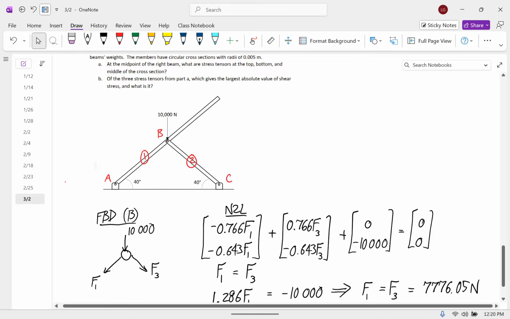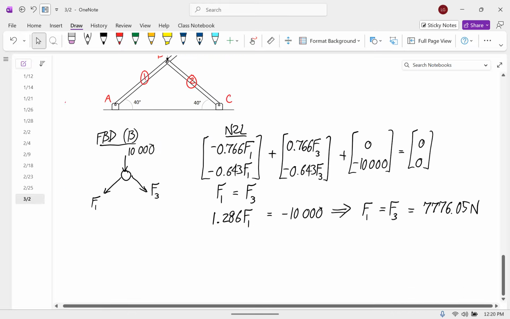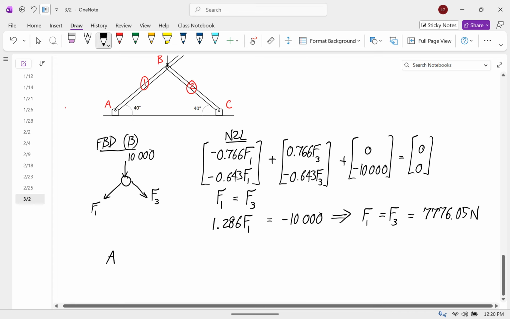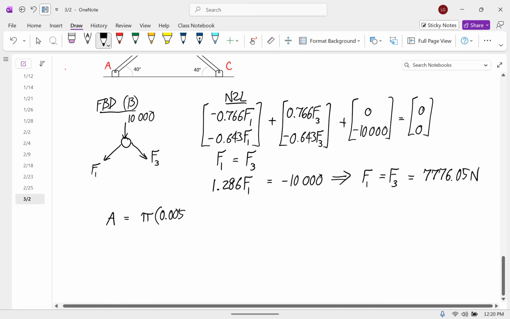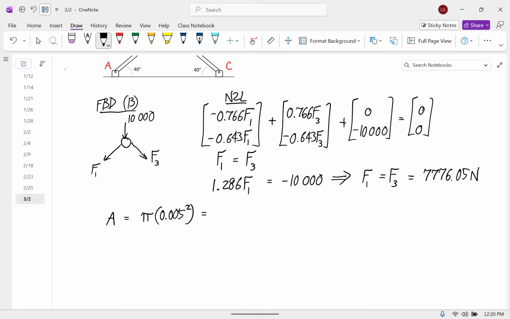These have circular cross sections with given radii, 0.005. So the cross sectional area is pi times 0.005 squared. So that is 0.00785. Oh, and these are both negative 7776.